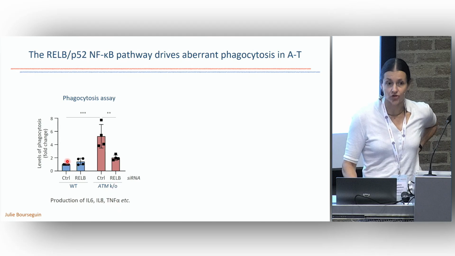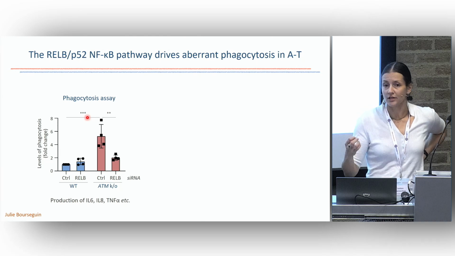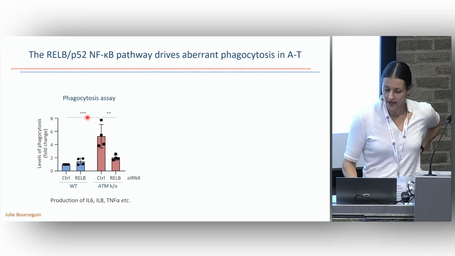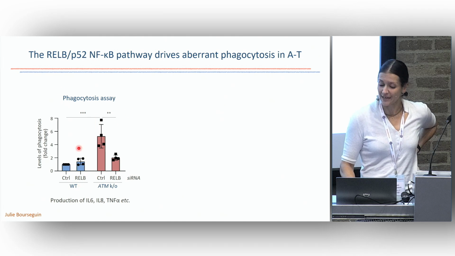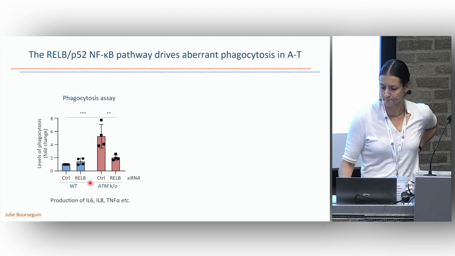In addition, it drives the increase in aberrant phagocytosis. This increase in phagocytosis can be rescued back to pretty much wild-type levels by knocking down the RelB subunit of this heterodimer, which is true for ATM knockout microglia, but not for wild-type microglia.